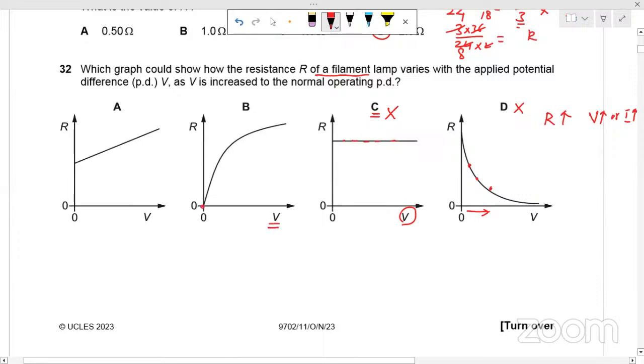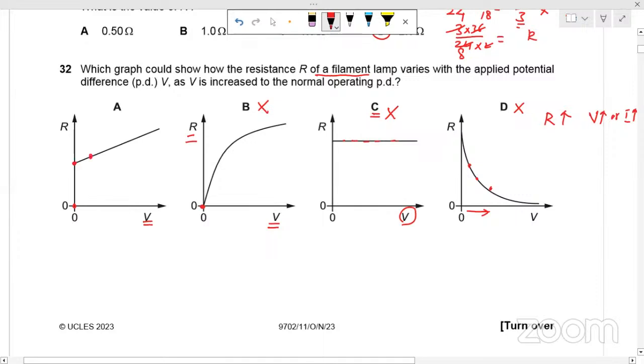If there is no potential difference, the resistance R in this case is 0. If you apply no potential difference across a filament lamp, it should still have some resistance. It shouldn't have 0 resistance, so B is not possible. In A, if the potential difference across the filament lamp is 0, there is some resistance.